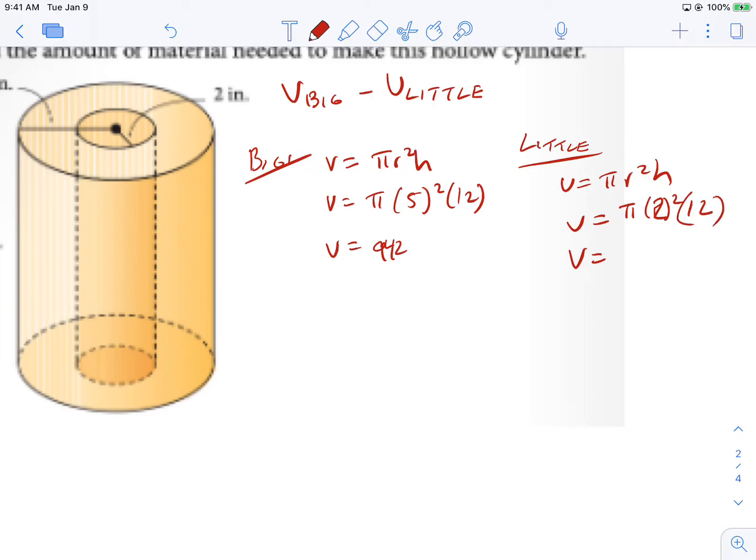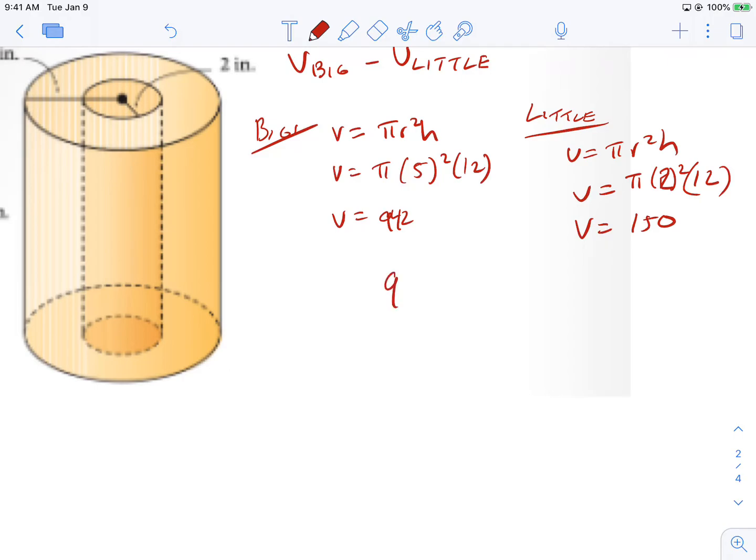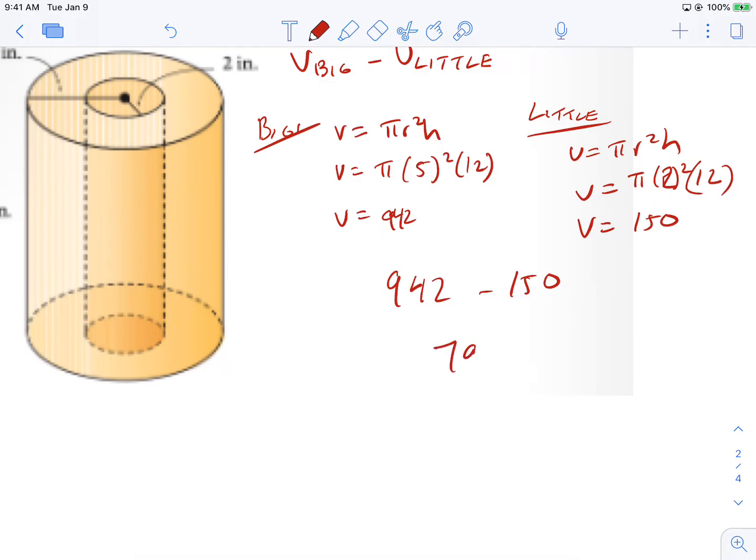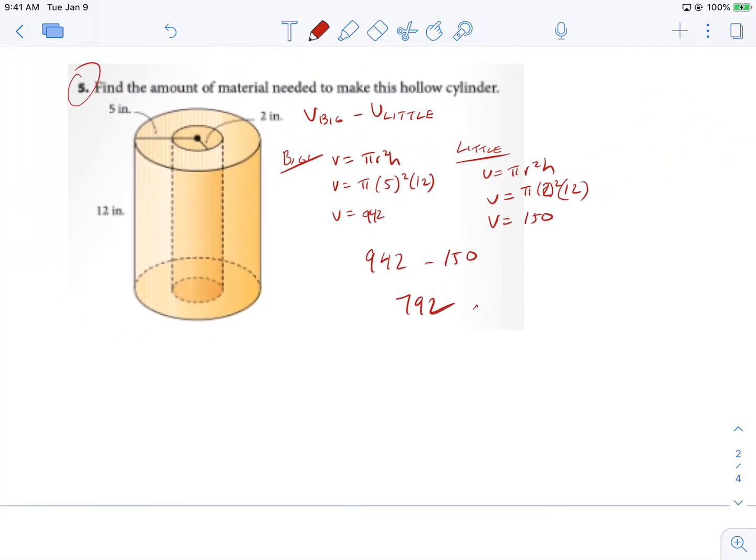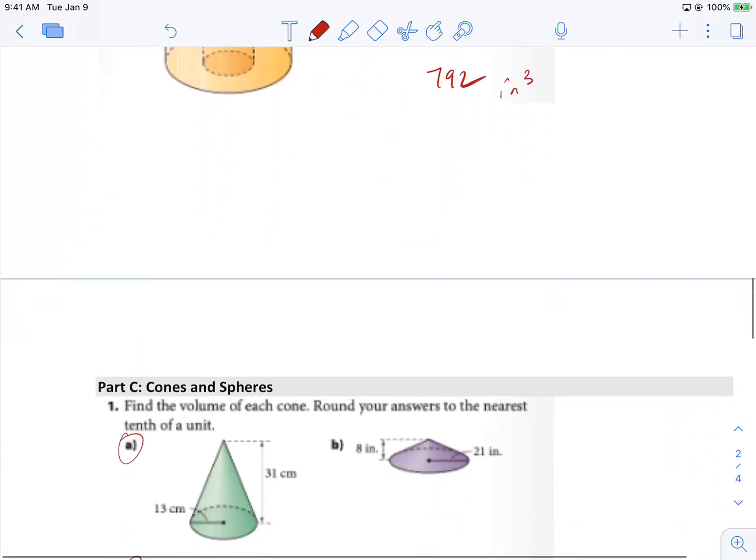That's better. So 48 pi, and this was 150. So what is our difference? Well, we take the 942 minus the 150, and that's 792. Okay, perfect. And that is inches cubed.